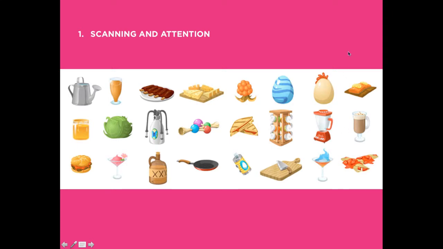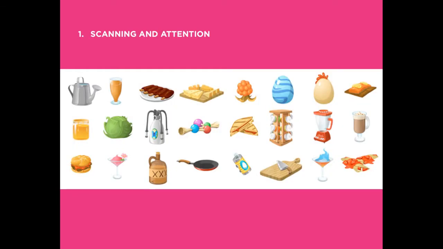Now, if I leave this image and ask you if you saw a burger among the little images. Perhaps nobody saw the burger, okay? And that's because I asked you to focus on finding the coffee cup. In fact, there is a burger, and the burger is right here on the bottom left corner.